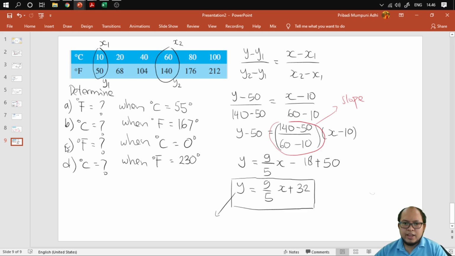So y represents the degree Fahrenheit and x represents the degree Celsius. So this equation is a well-known equation when we want to convert from degree Celsius to degree Fahrenheit.